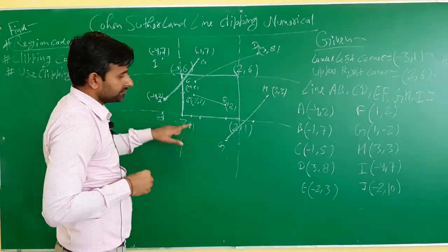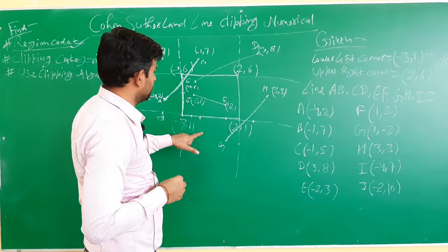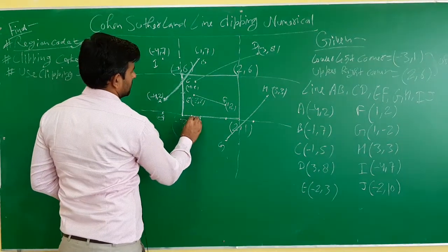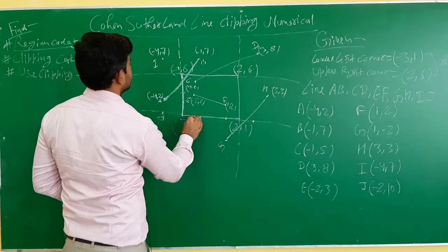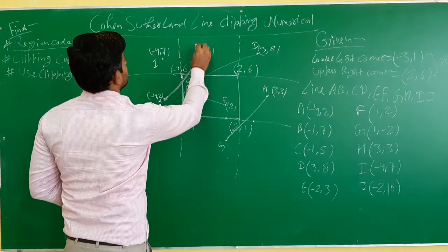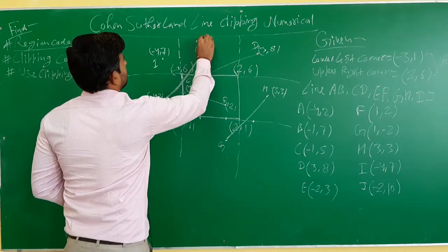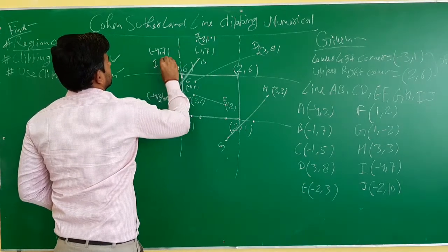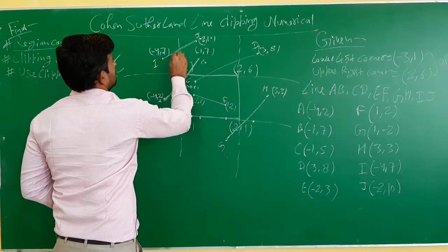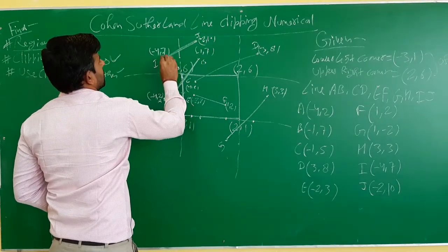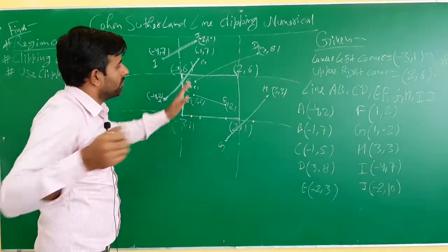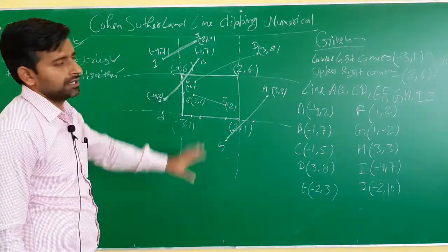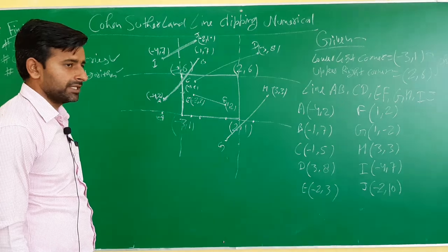Then the J point has the coordinates -2, 10: -2 here and 10 will be here. This is the J point. When we join these 2 points, we get a line IJ. Now all the 5 lines are on the window. Clear?